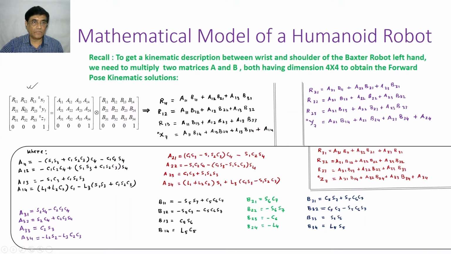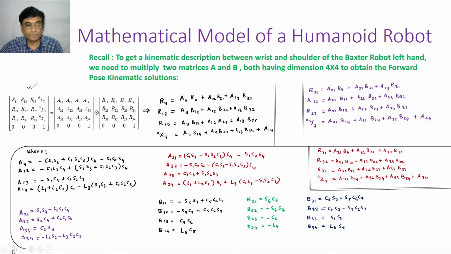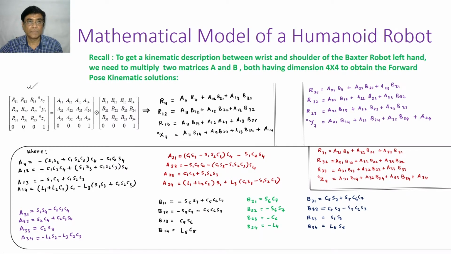Inside, this is the pose, right, where you have a 3 cross 3 orientation, and this is a translation. That is the end effector's position and orientation, or pose. And how are you getting that? You are trying to correlate that by multiplying two matrices A and B, and then what will be the element?